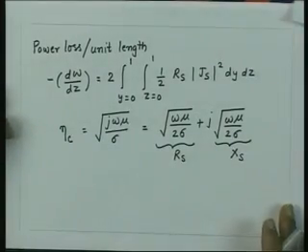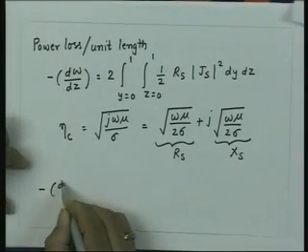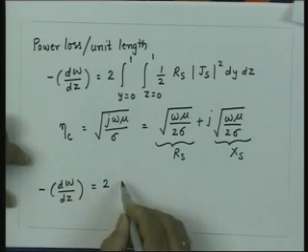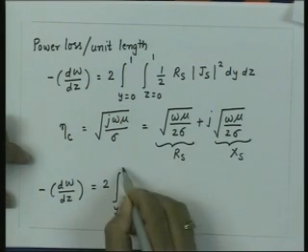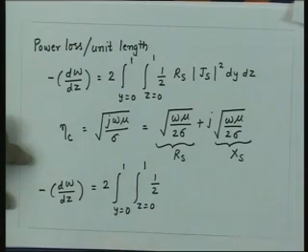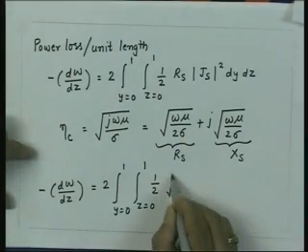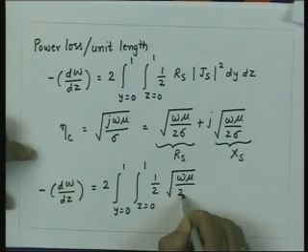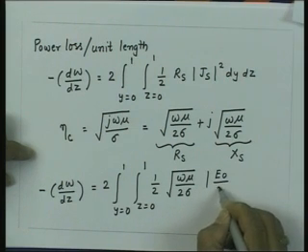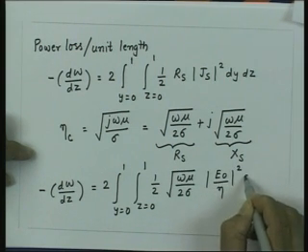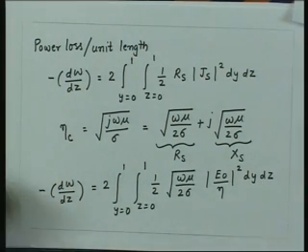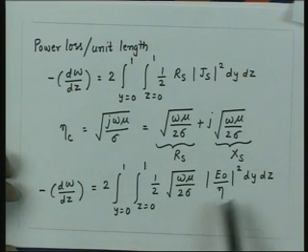So, I get the power loss per unit width, minus dW upon dz, equal to 2 times the integral y equal to 0 to 1, z equal to 0 to 1, half Rs, which is this quantity square root of omega mu upon 2 sigma, times (E0 upon eta) squared, dy dz. Again, all these quantities are constant as a function of y and z.